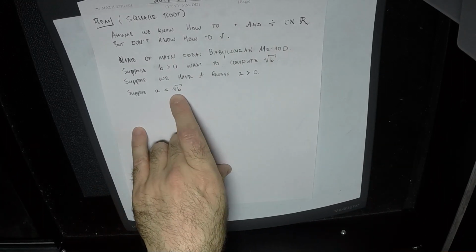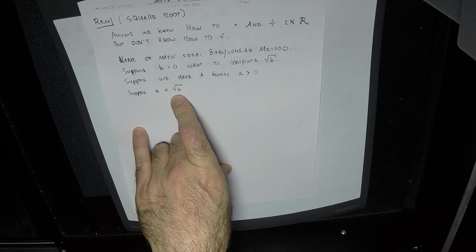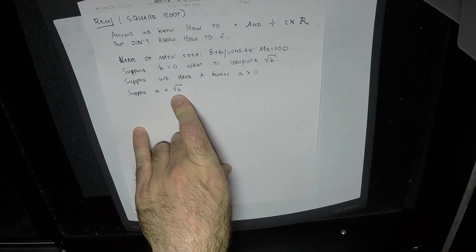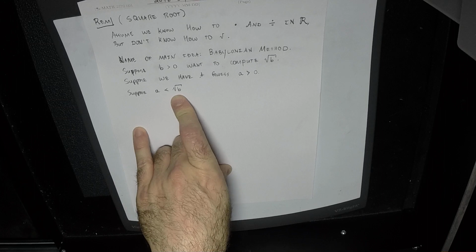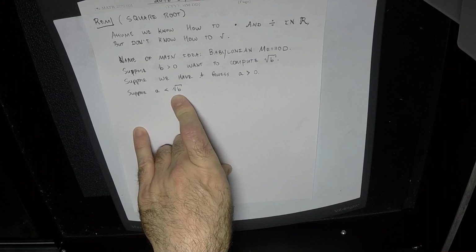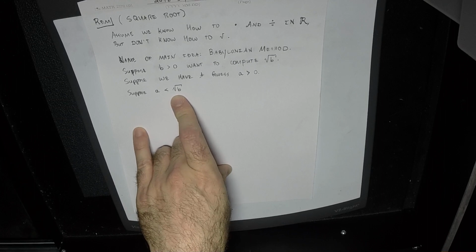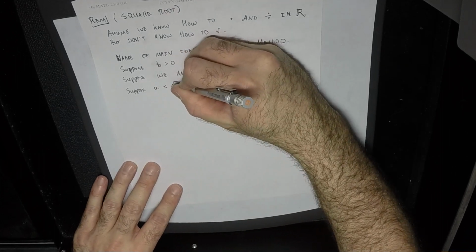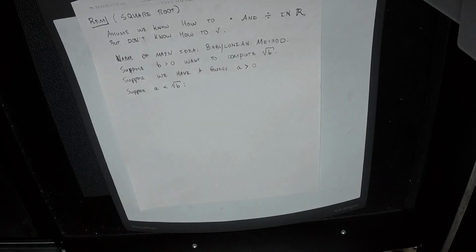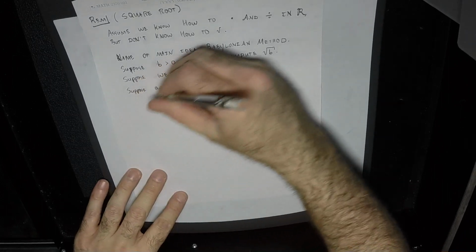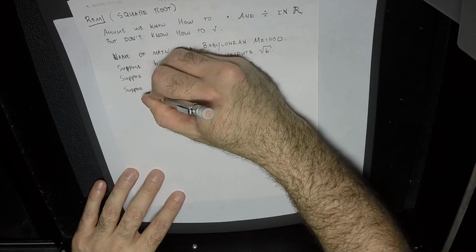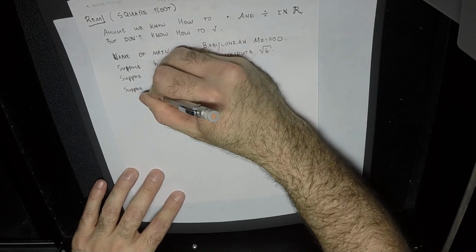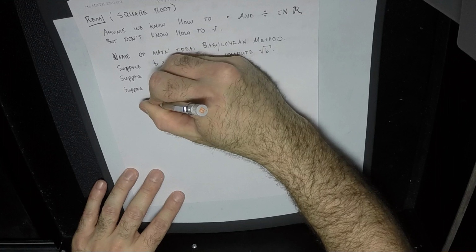Now, we're using our sort of omniscient knowledge to know that; we don't actually know the value of the square root of b. Suppose this is the case. Then I'd like you to consider b divided by a.